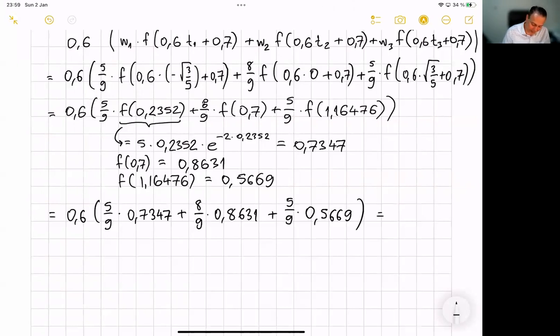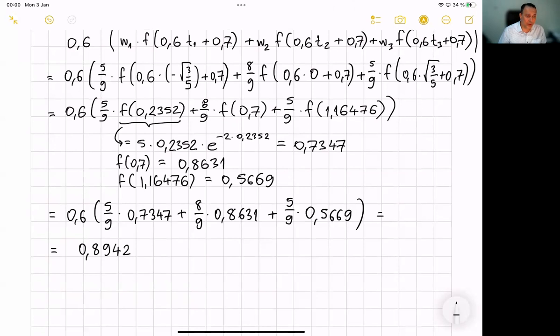And again, if I do these calculations, I will end up with the following result: 0.8942. This is my estimation of the integral using Gaussian quadrature and 3 Gauss points.